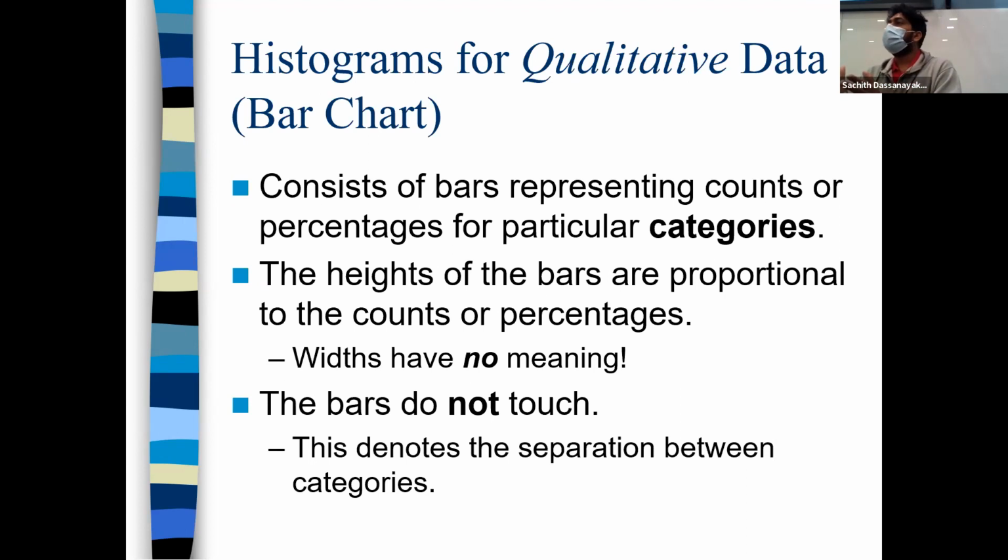First, identify the categories, then measure their frequencies, which means heights, then plot it. Bars do not touch. That's the important thing about a bar chart. They have a small gap.